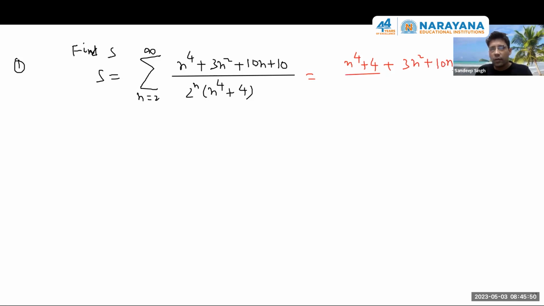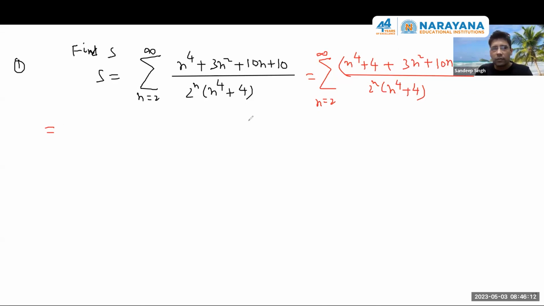And this whole divided by 2 power n. So the first step, I believe, all of you must have done. Am I clear? Summation n from 2 to infinity. We are doing this just to reduce the complexity of the summand.